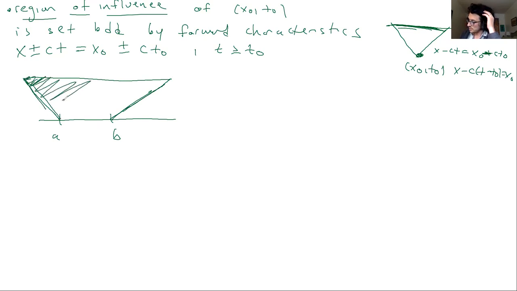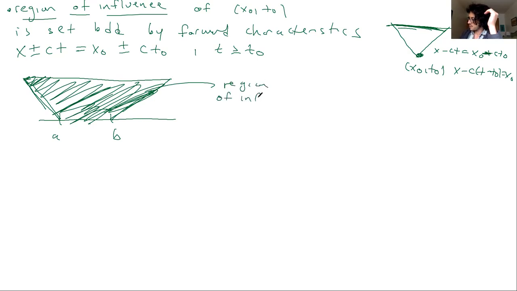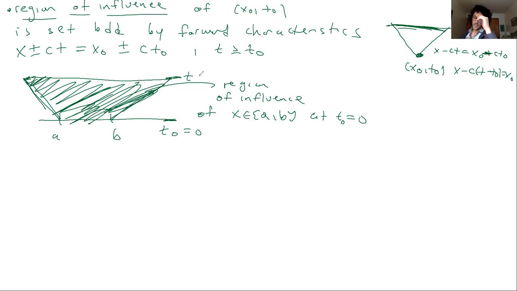And this whole region would be the region of influence of x in A to B, basically at t equals 0. So here's your, well, let's say t0 equals 0, and then here's our later t.